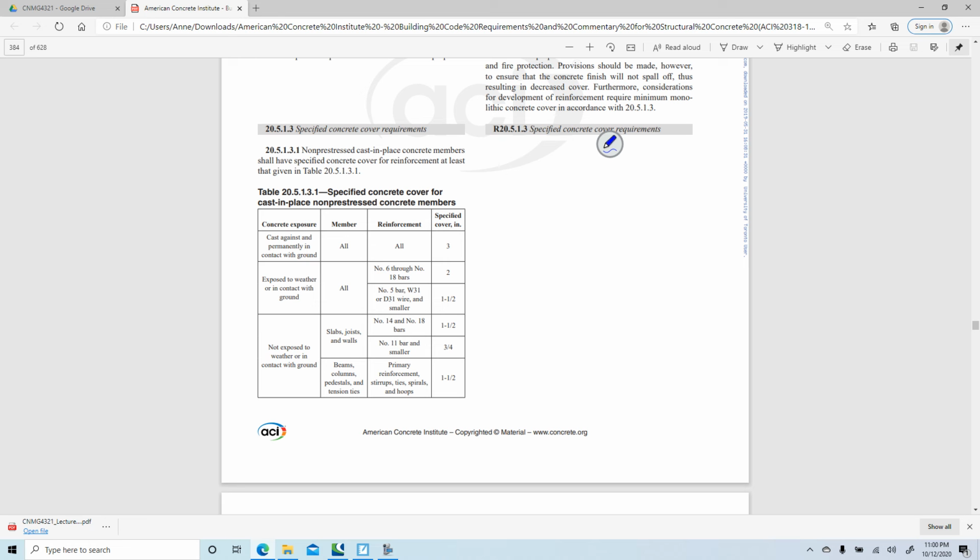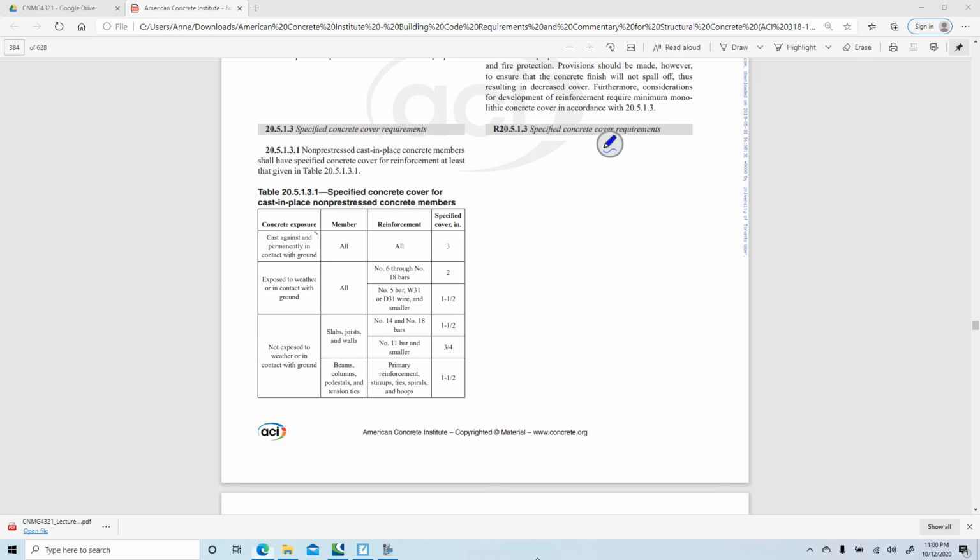Because if steel reinforcement touches water, it'll start to corrode, right? So if we're looking at 20.5.1.3, these are cover requirements.